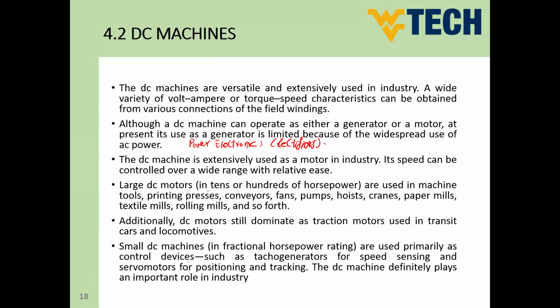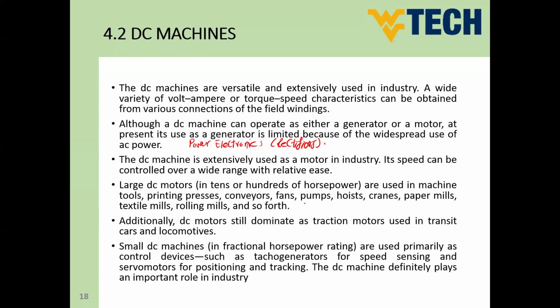Large DC motors in tens or hundreds of horsepower are used in machine tools, printing presses, conveyors, fans, pumps, hoists, cranes, paper mills, textile mills, rolling mills, and so forth. So mainly, guys, for large torque applications.